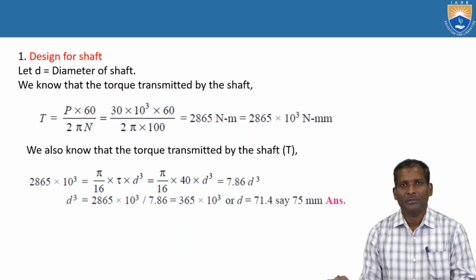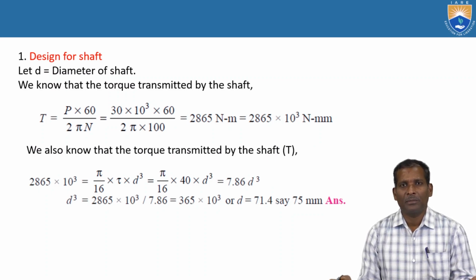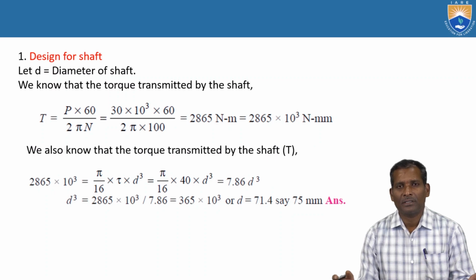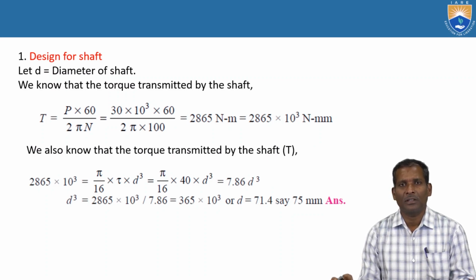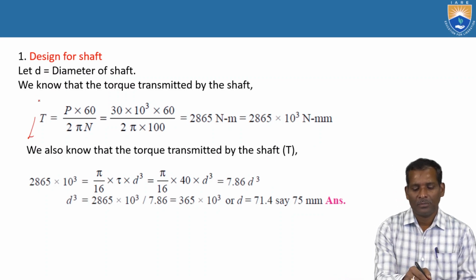First step is the design of the shaft. The design dimensions and parameters of couplings depend upon the shaft diameter, so first we need to calculate the diameter of the shaft using the torque transmitted by the shaft equation.